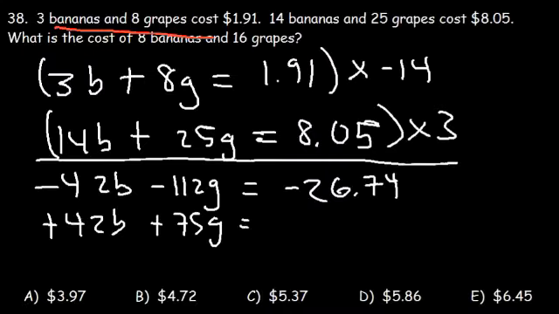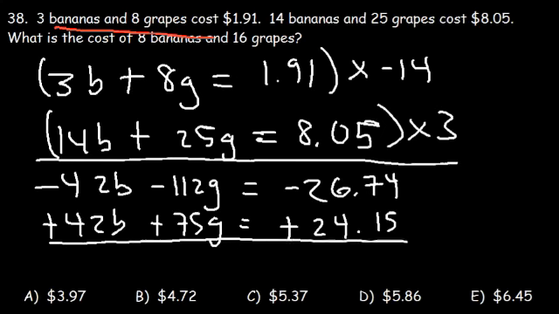And 8.05 times 3 is positive 24.15. So if we add the two equations, the b variables cancel, and negative 112g plus 75g is negative 37g, and negative 26.74 plus 24.15 is negative 2.59. So now we can solve for G.